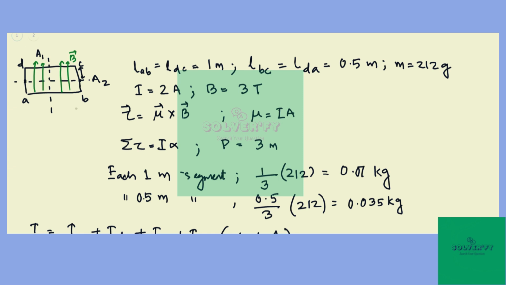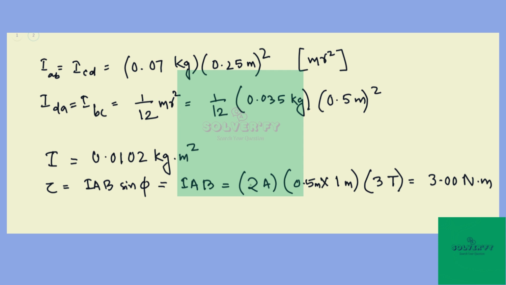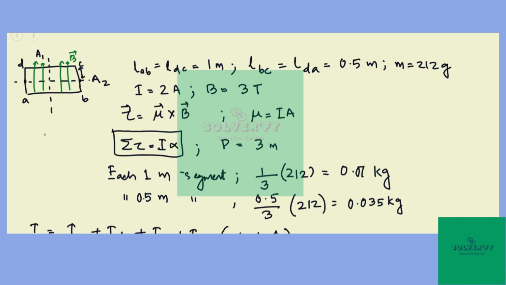Now we can use this equation over here. This is the total torque we found, because the rest of the torques are basically zero, like the torque about A1.